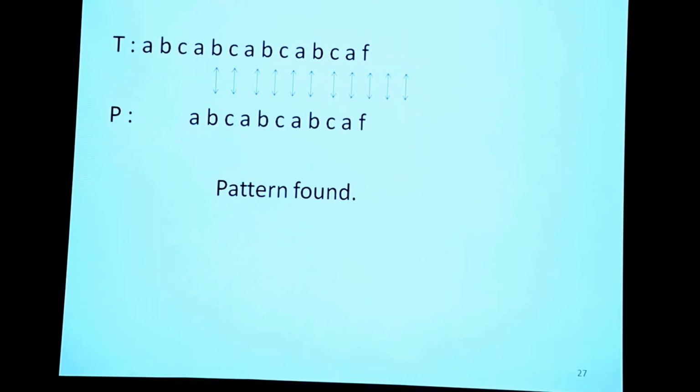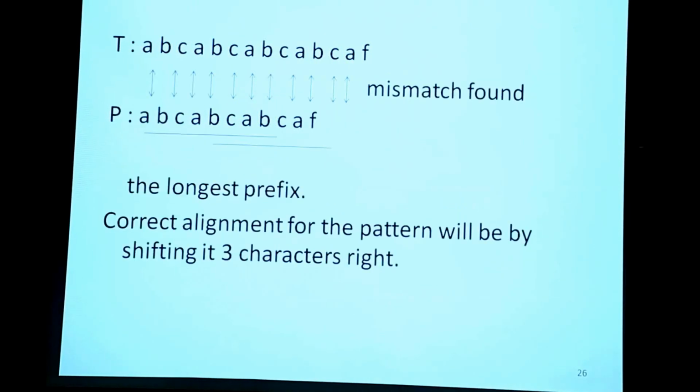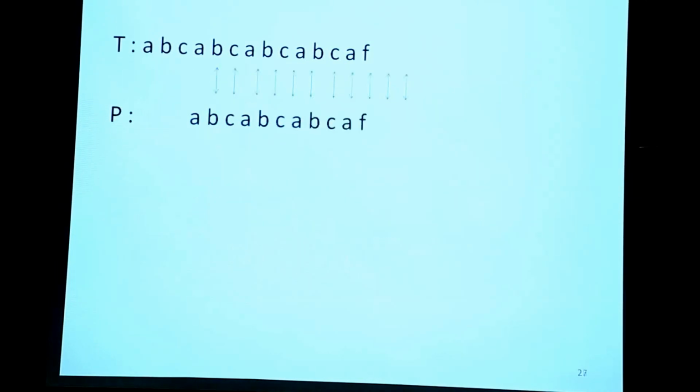Here's an example. Same example, mismatch. We have two types of prefixes. One is ABCABCA. Another is ABCA, non-trivial. If you look at the non-trivial ones, there are two prefixes, ABCA and ABCABCA. Let's see with both of them.